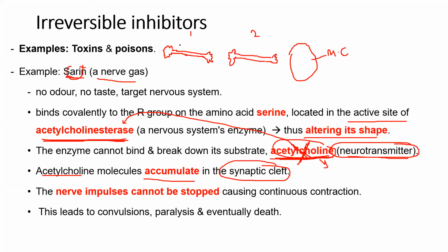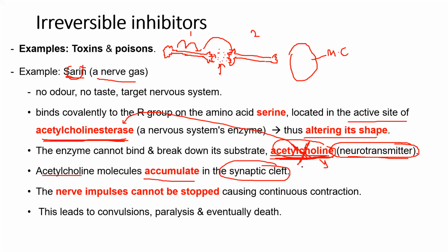In order to transmit impulse from neuron 1 to neuron 2, the first neuron has to release the neurotransmitter acetylcholine in the synaptic cleft. The function of this acetylcholine is that it will bind to the receptor on the dendrite of the second neuron.